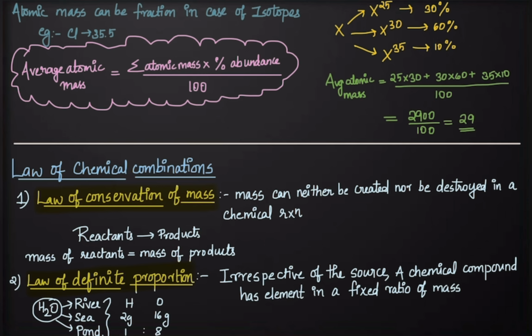So average atomic mass equals 25 into 30, plus 30 into 60, plus 35 into 10, divided by 100. We can get the answer. This is the average atomic mass equation: sigma atomic mass into percentage abundance.